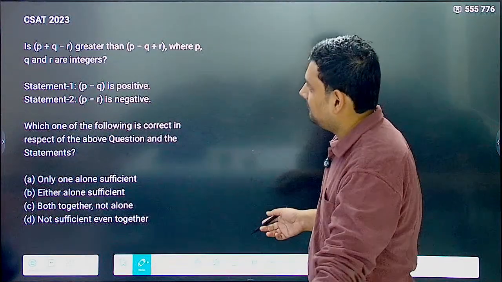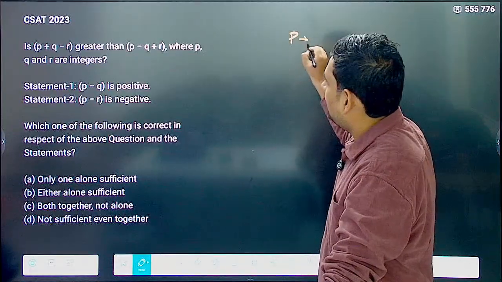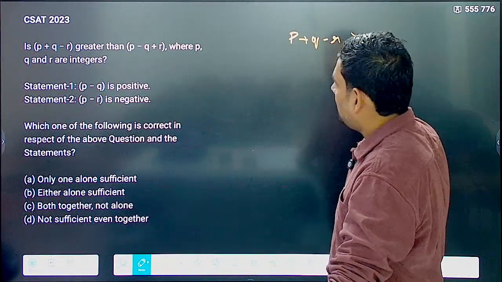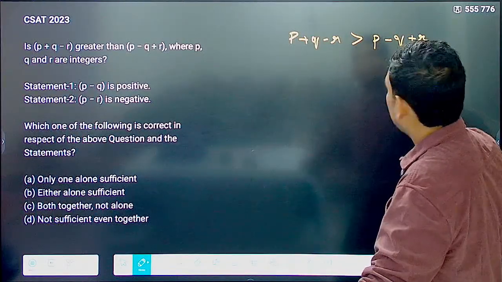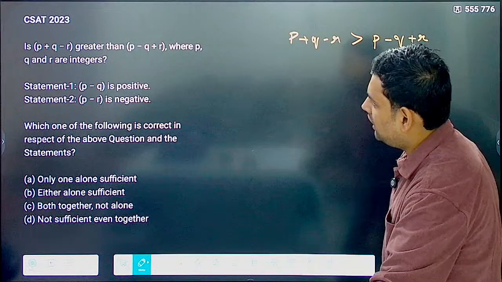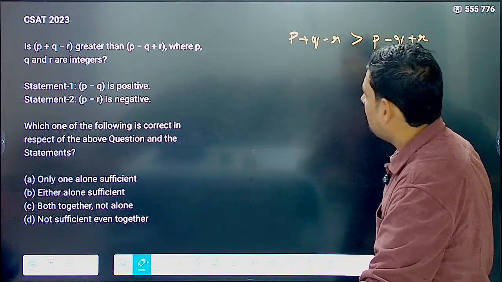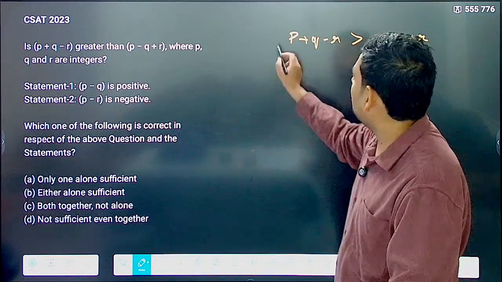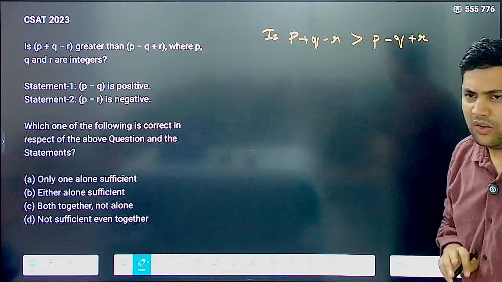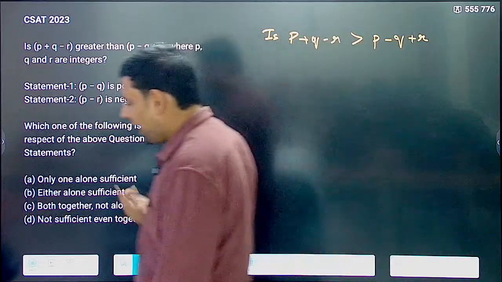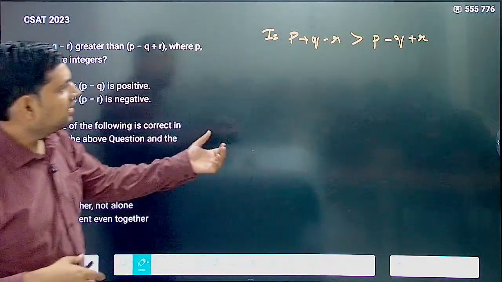Okay, good Neelam. Then p plus q minus r is greater than p minus q plus r, where p, q, r are integers. Then it is asking you, is this correct? Is this true? Now, you see this inequality, what you can do is, you can just solve it.